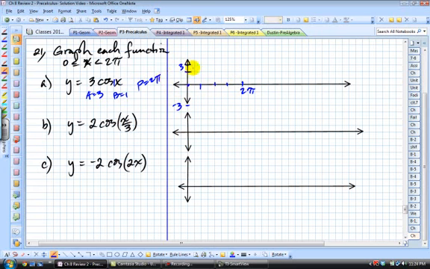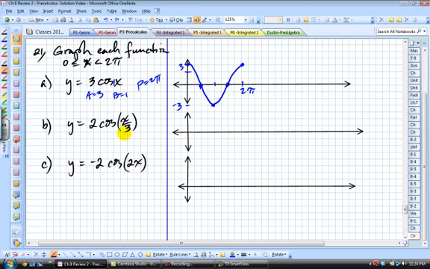And cosine starts where the amplitude is. So if you plug in 0, you get cosine of 0 is 1, times 3 is 3. So it starts here. You go here, here, here. Curve it out. Plot your points.